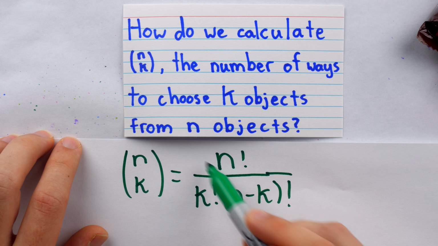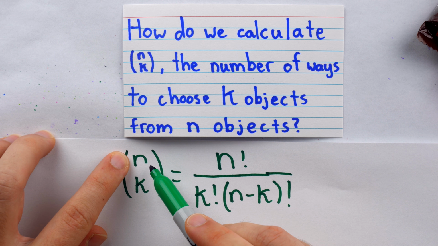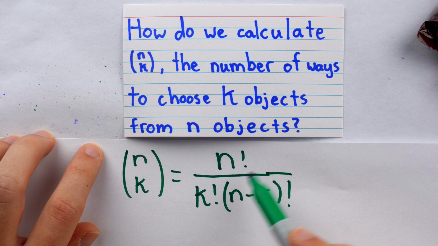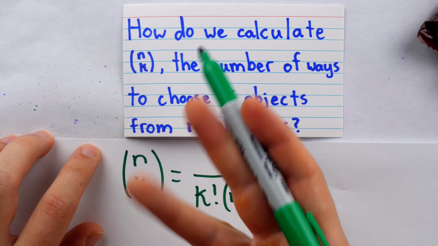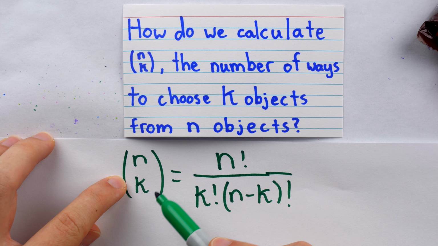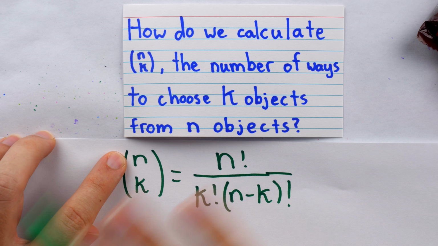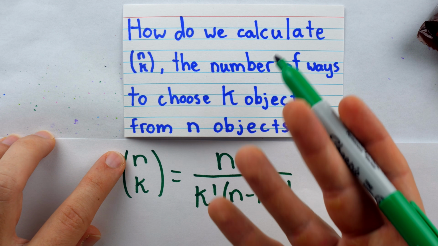And once more, this counts up the number of ways to order all n objects. This is dividing out the number of ways to order the objects that we're not selecting, and this divides out the number of ways to order the objects that we are selecting. So we're simply left with the number of ways to choose k objects from n objects without any respect to order, because order doesn't matter.